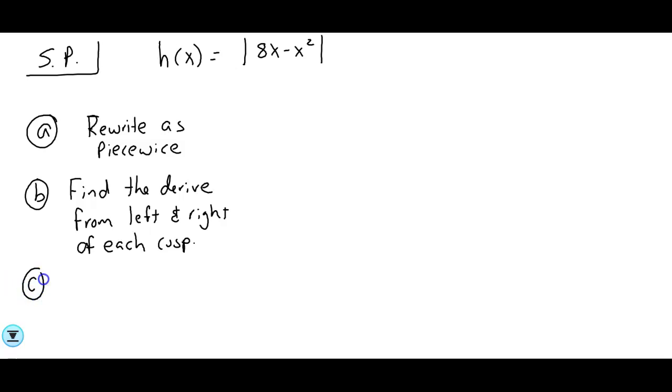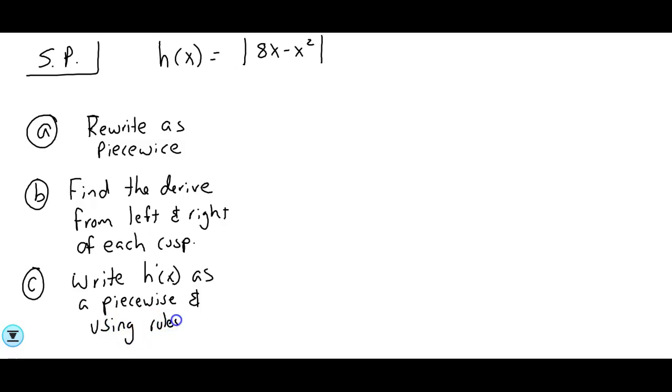And then I want you guys to also write h prime of x as a piecewise function and using the rules from Unit 1, just like I did. Okay, so same exact stuff, just all together in one big problem now. Go ahead and pause the video, and when you guys unpause it, you'll see the final solution.